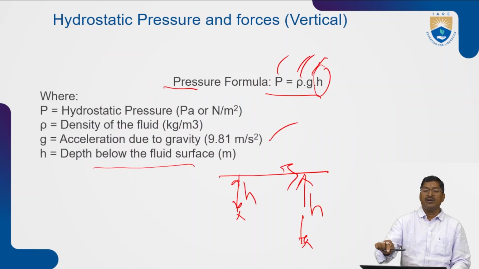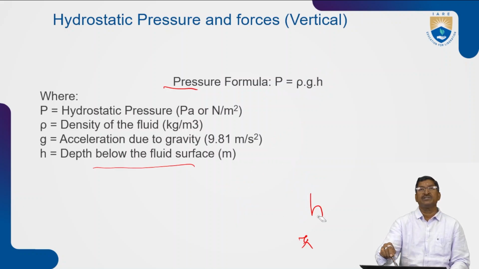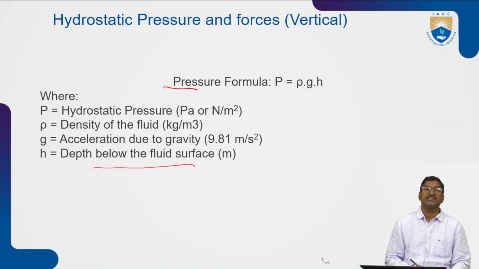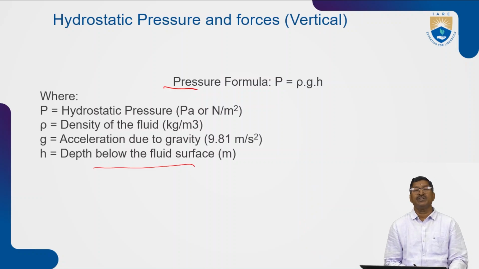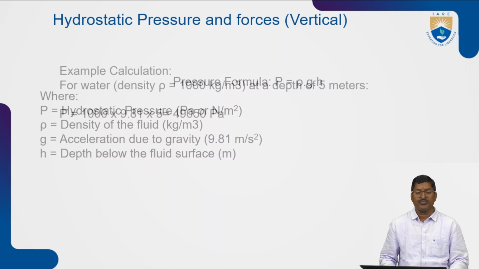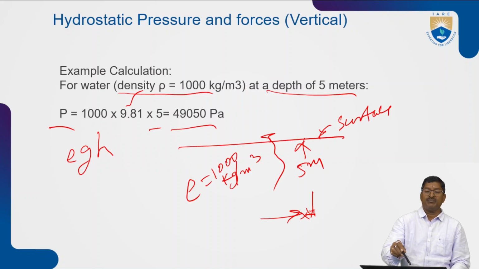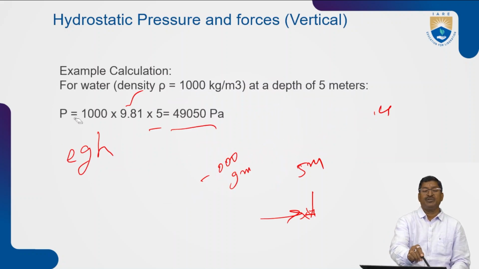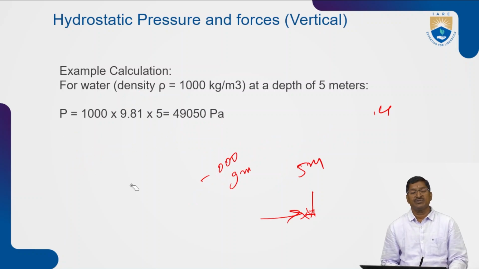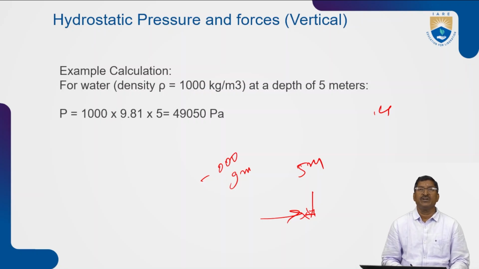The formula for the pressure is P equals rho g h, where rho is the density of the fluid, g is the acceleration due to gravity, and h is the depth below the fluid surface. In the small problem, the density is 1000 and the depth is 5 meters below the water surface. Then pressure is rho g h: rho is 1000, g is 9.81, h is 5. So we got 49,050 pascals.